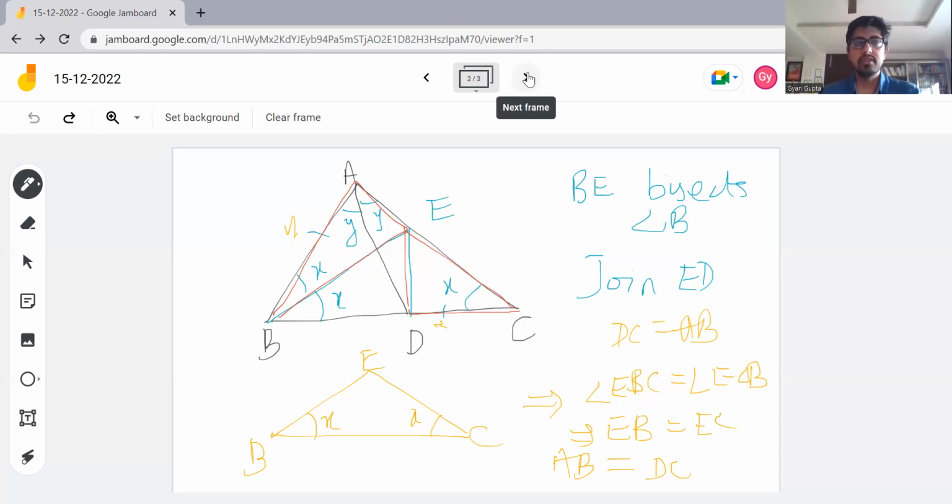Can you visualize an SAS congruency? Excellent. Since AB and DC are two sides, BE and EC are two sides, and the X angles are included within these two sides, by SAS congruency, we have triangle ABE congruent to triangle DCE.